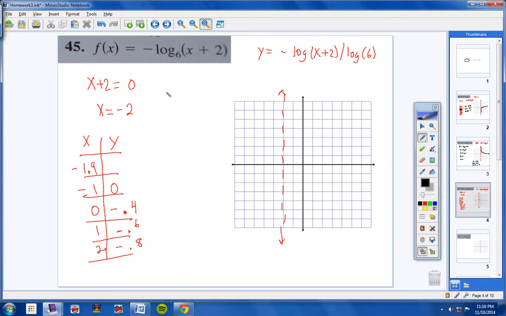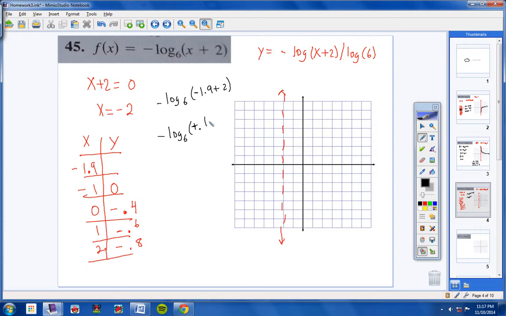So here we go. Negative log base 6 of negative 1.9 plus 2. That would give us negative logarithm base 6 of positive 0.1.